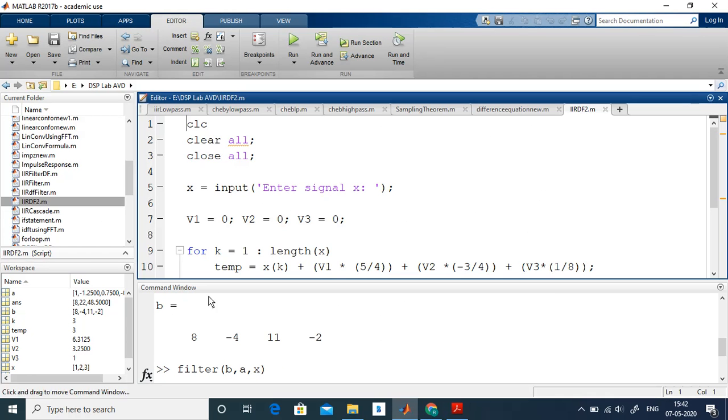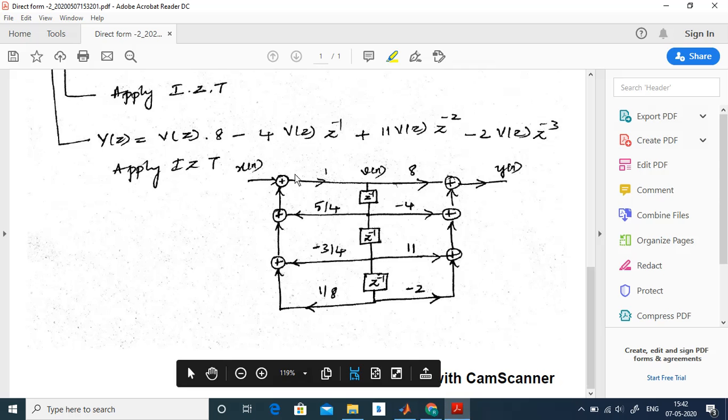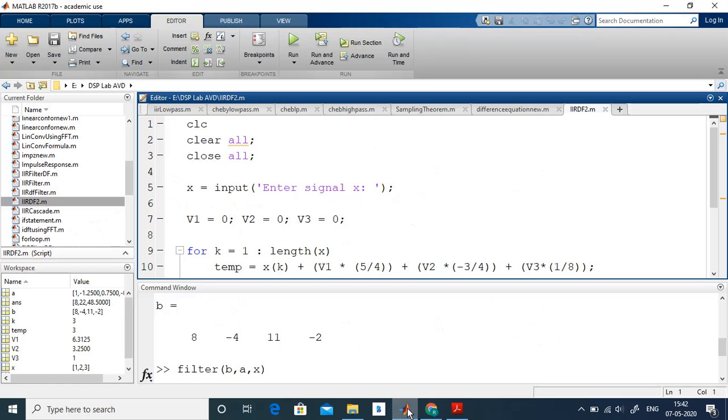CLC clears the command window, clear all clears workspace variables, close all closes any additional windows. And x, enter input signal. See here, this is the input, this is a filter. So it will filter out the unwanted things and it will give the output. So you should give some input, right, in the form of a discrete signal. So I'm asking the user to enter the signal.